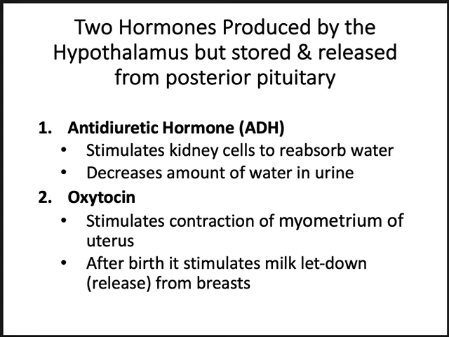Okay, oxytocin has kind of two primary functions. The first is to stimulate contraction of the myometrium of the uterus, so the muscle of the uterus. So in women, of course, oxytocin is responsible for signaling contractions to start labor, okay?